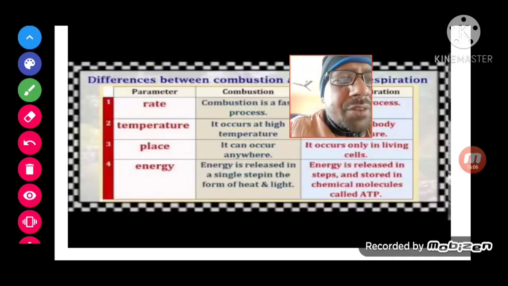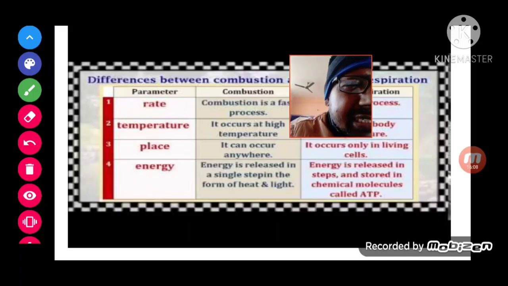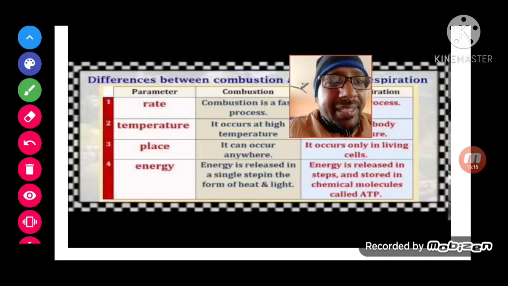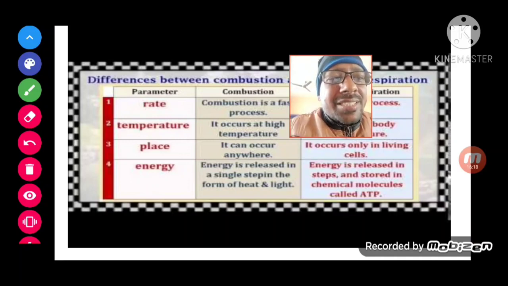But in the case of respiration, energy is released in steps and stored in a chemical molecule that is called ATP. And already I made you understand what ATP means, adenosine triphosphate. We will talk about these things in the biology section.